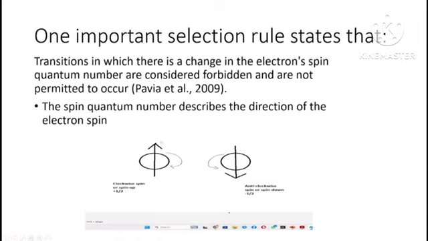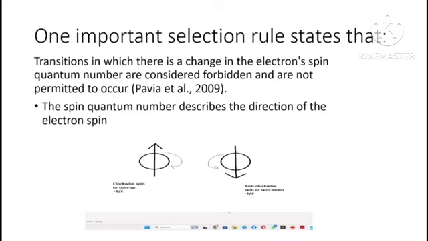We usually have two electrons occupying one orbital, or one energy level, like that. So let's say we take a molecular orbital like the sigma molecular orbital, that is the bonding molecular orbital. If you have two electrons, one pointing upwards and the other pointing downwards, and one of the electrons has to jump to a higher energy level, that electron must not change its spin quantum number.